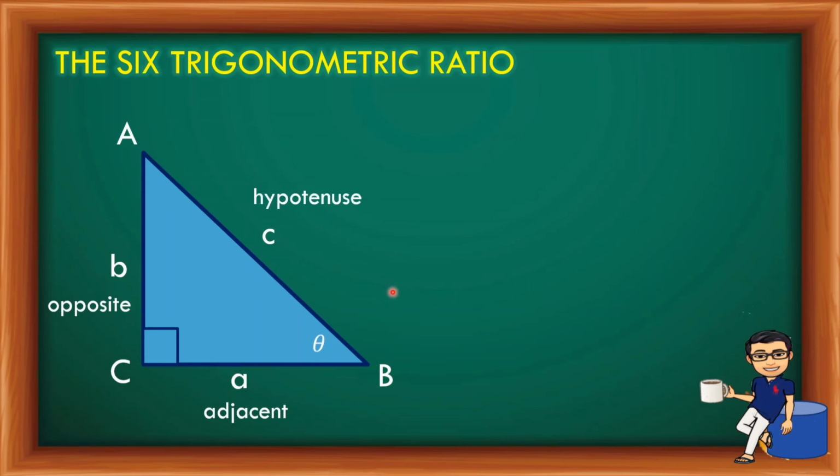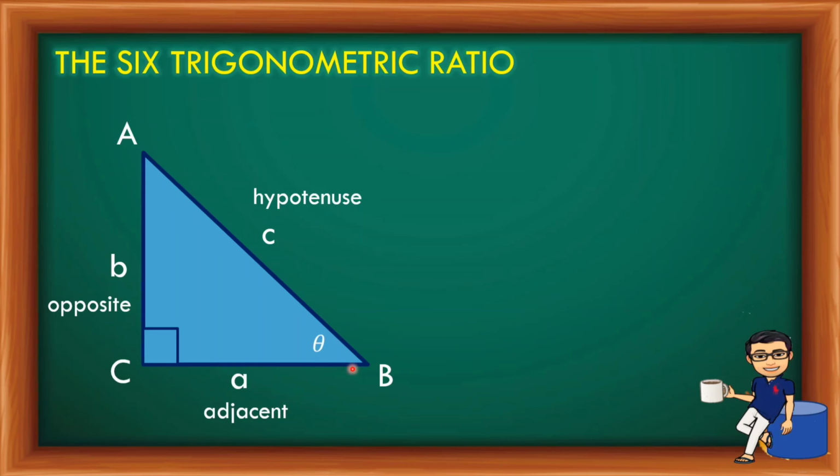Okay, so to clarify something, kapag small letter yung nakikita natin, that represents the sides of the right triangle. At kapag pinag-uusapan naman natin yung capital letters, that represents the vertex of the triangle, and that is the name also of the angles. This is angle A, this is angle B, and this is angle C, which is the right angle of the right triangle.